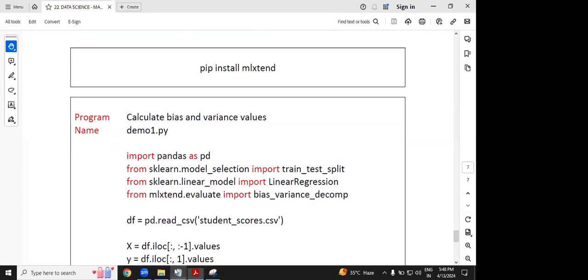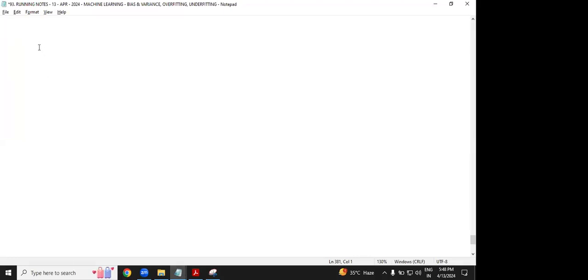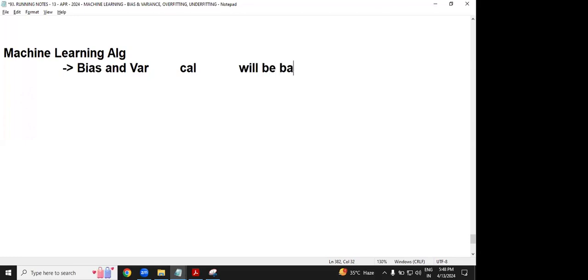First of all, in every machine learning algorithm, the bias and variance calculation is a back-end process. That's why the sklearn library does not provide any function to find out the bias value and variance value.